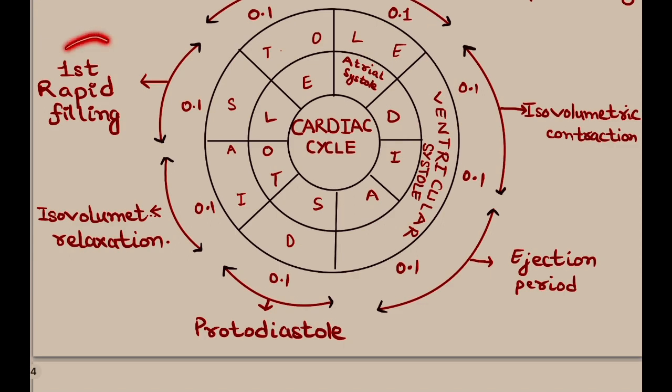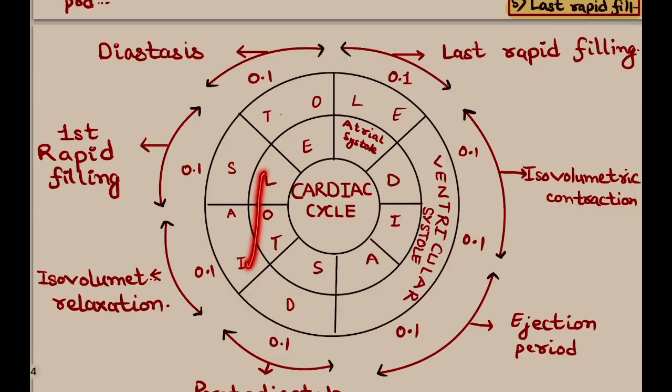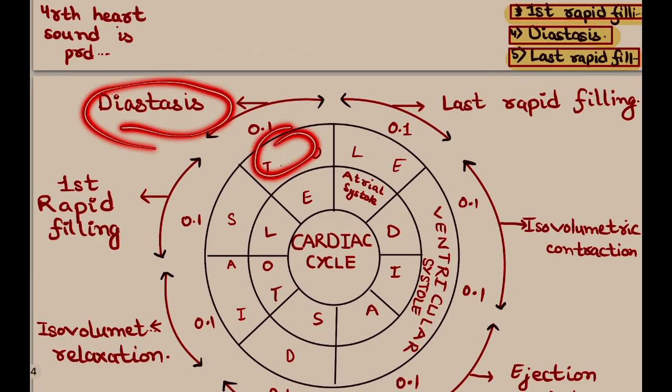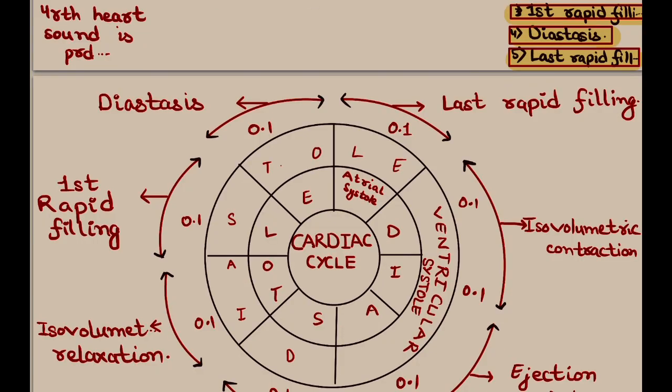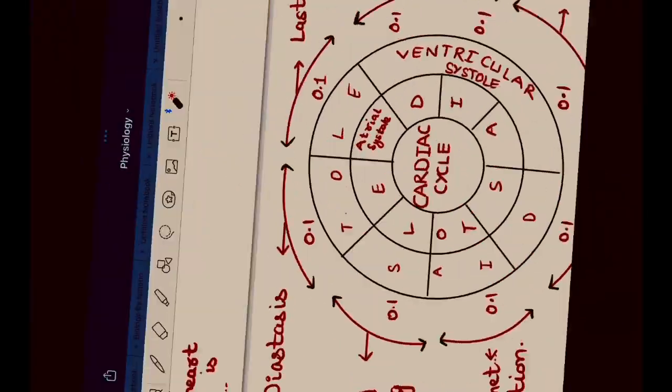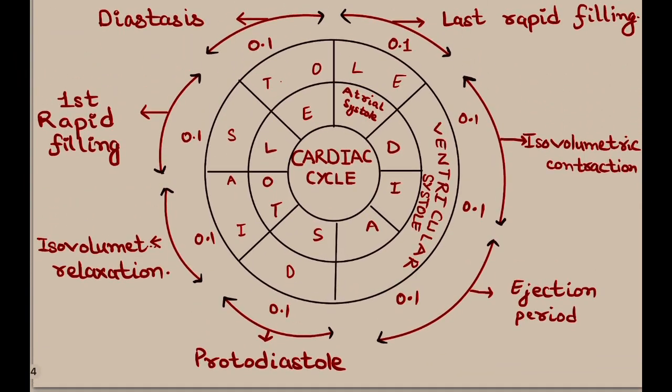That's why it is isovolumetric. Then the first rapid filling, in which the blood flows into the ventricles from the atria without any pumping, it is just a filling of the ventricles from the atria, because at this particular time the atria are also relaxing for 0.4 seconds. Then we have diastasis, in which the blood keeps filling, and in the last rapid filling we can see the atrial systole. So atrial systole coincides with this last rapid filling. Okay, hope you got this whole cardiac cycle. I made a nice chart of it, so thanks for this.